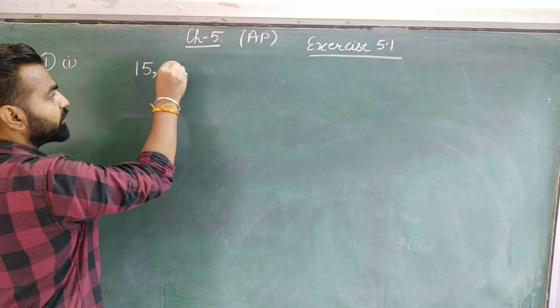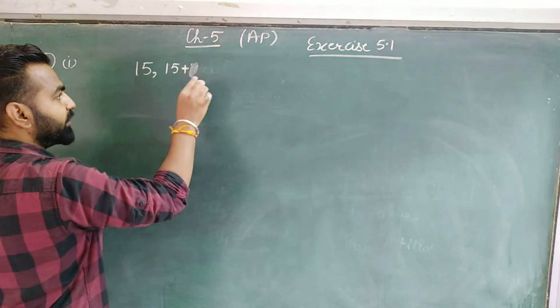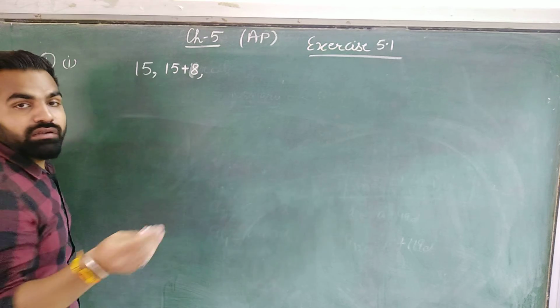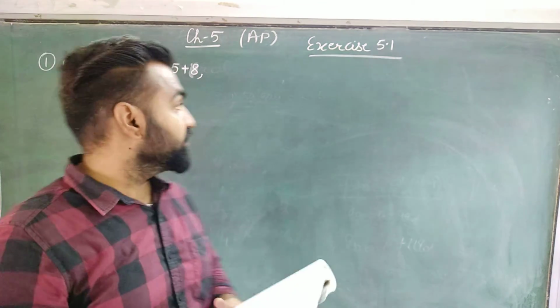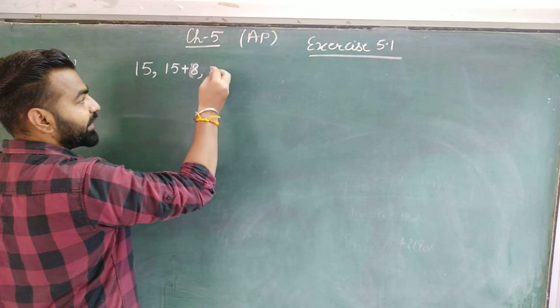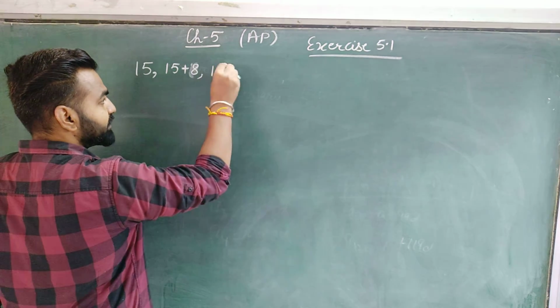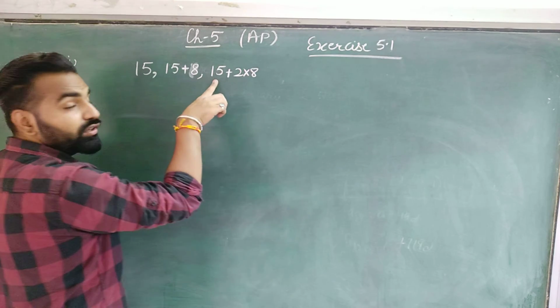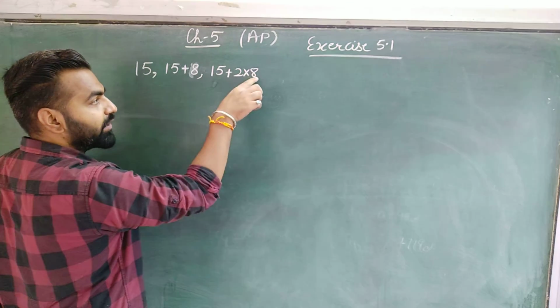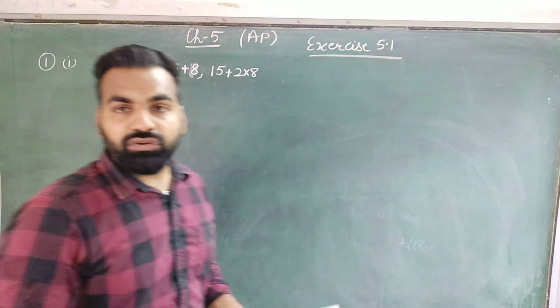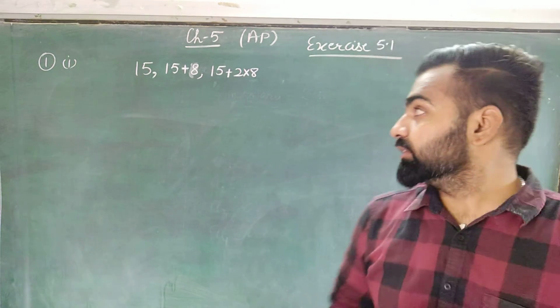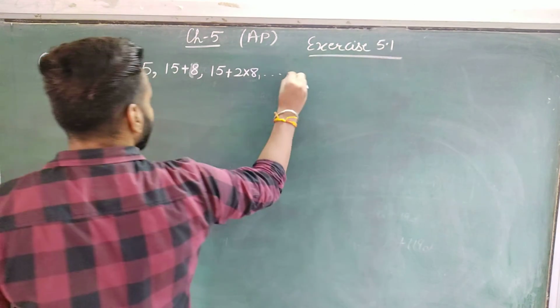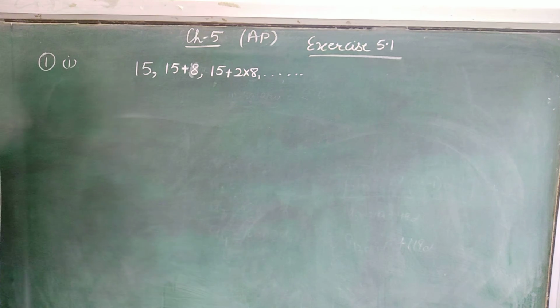If I travel 2 kilometers, the fare will be 15 plus 8. 8 rupees will be added to the previous fare. Next, if I travel 3 kilometers, then 15 plus 2 into 8. 15 rupees for the first kilometer, and 8 rupees for each of the next 2 kilometers. And in a similar way, we can calculate the fare.